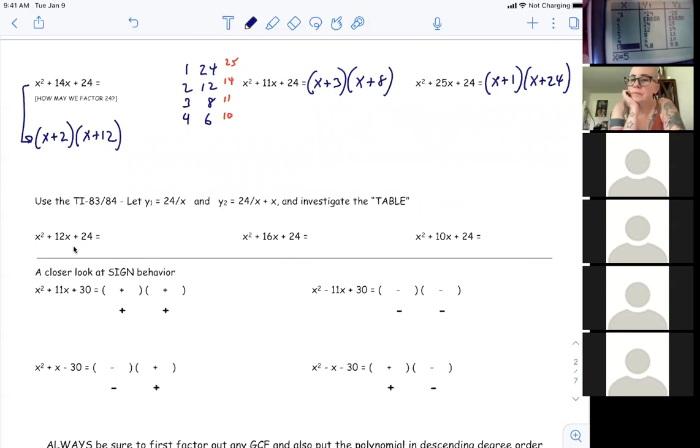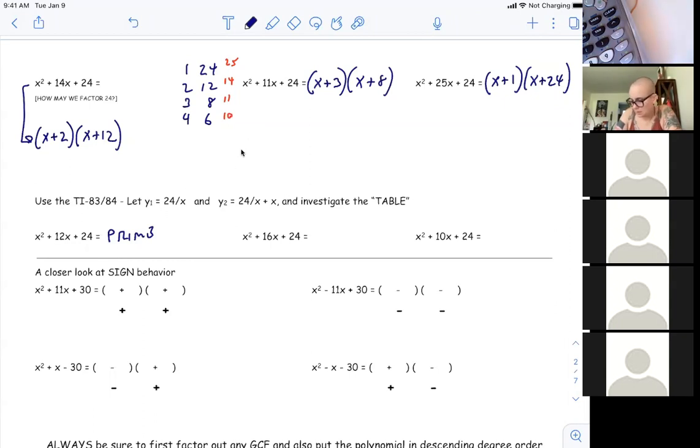There is no 12. There's no way. And we knew this from pencil and paper a few minutes ago. All the possibilities are right here. You can't factor this. We can get right on here and say, well, this can't be done, so this is prime.